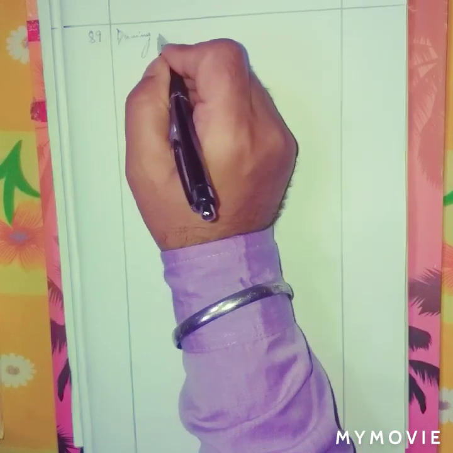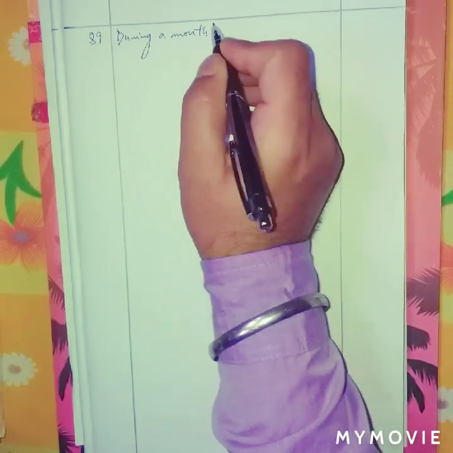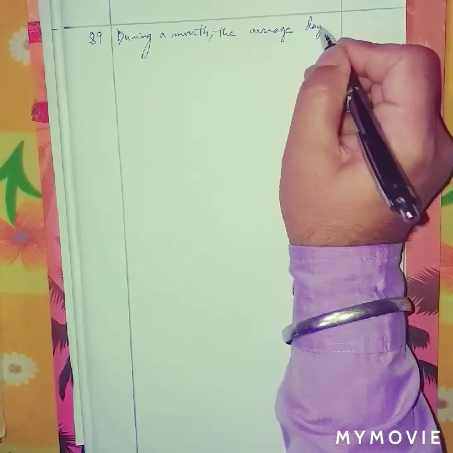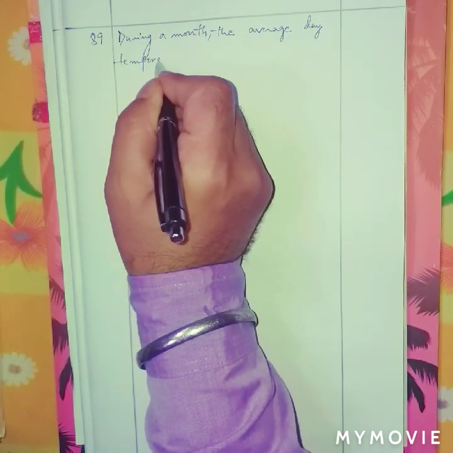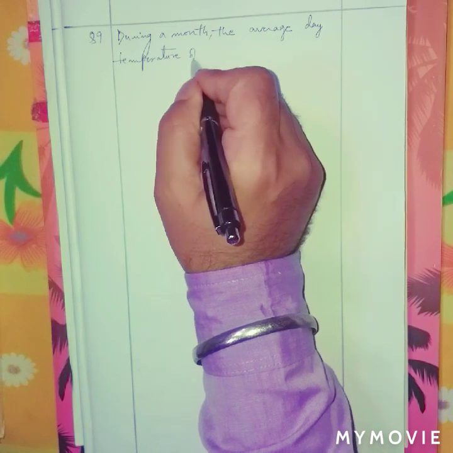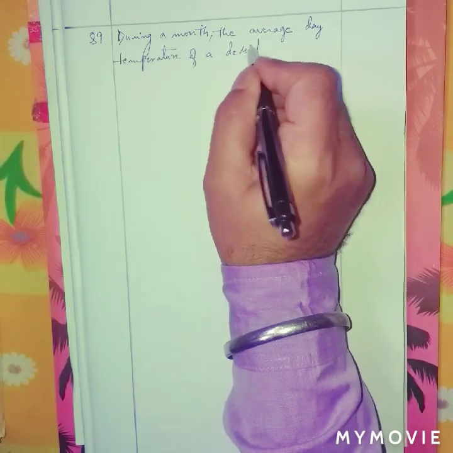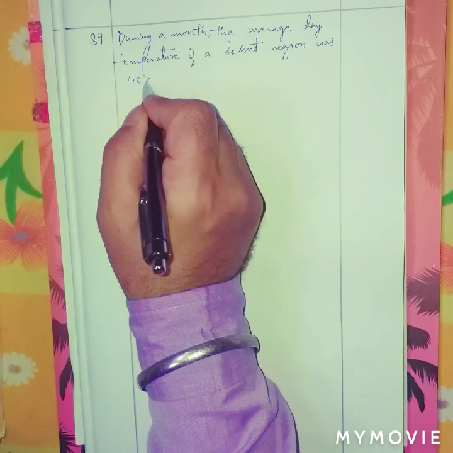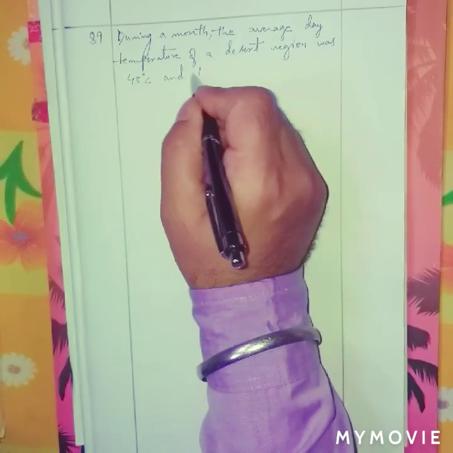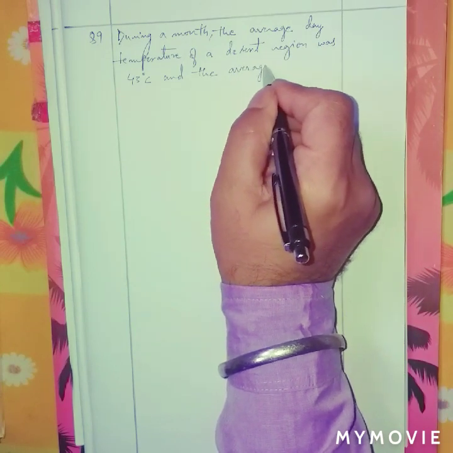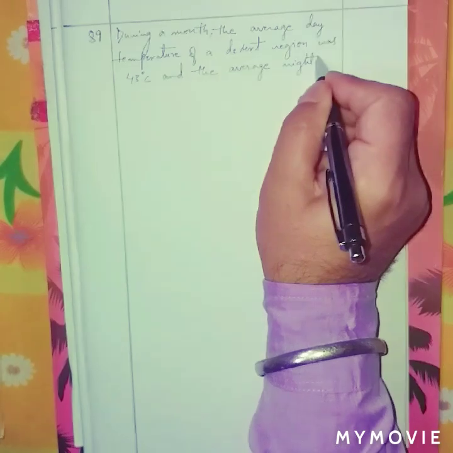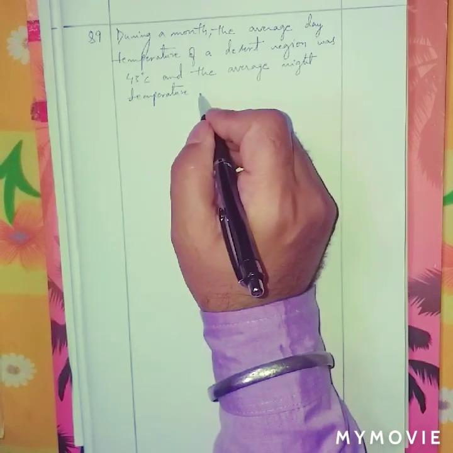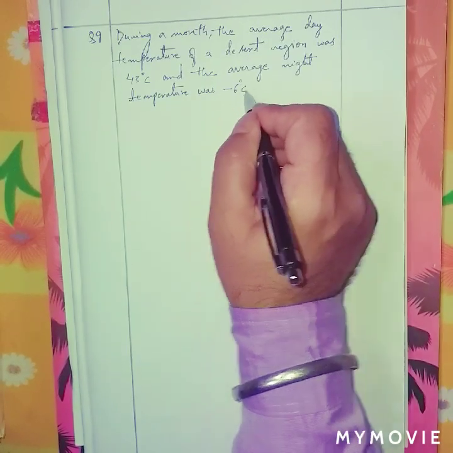During a month, the average day temperature of a desert region was 43 degrees centigrade and the average night temperature was minus 6 degrees centigrade.